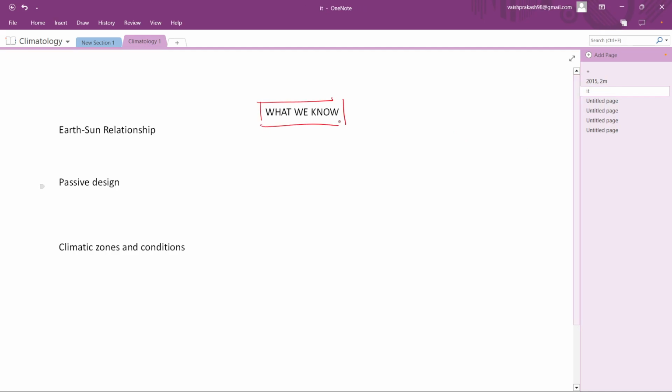What do we know and what we learned in probably climatology classes during architecture or 6th standard physics or geography is that we know that the earth revolves around the sun, right? So you have the seasons or rotational axes. The earth has a 23-degree tilt in its axis. All of these things. This is basic general knowledge.